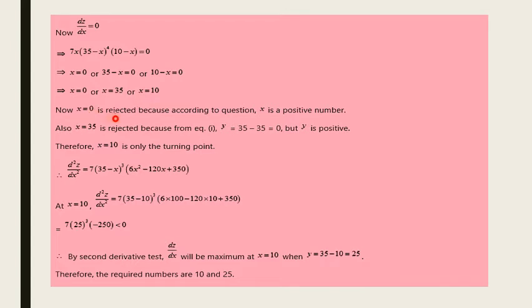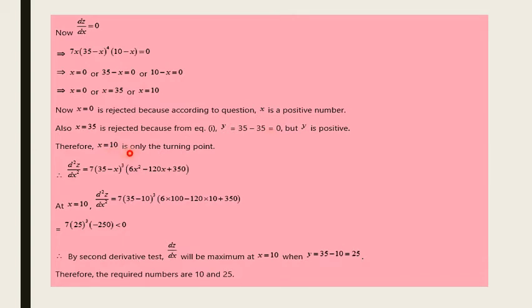Now x equal to 0 is rejected because according to the question, x is a positive number. Now x is equal to 35 is also rejected because from equation 1, y is equal to 35 minus 35, that is also 0. So only one value, that is x is equal to 10.